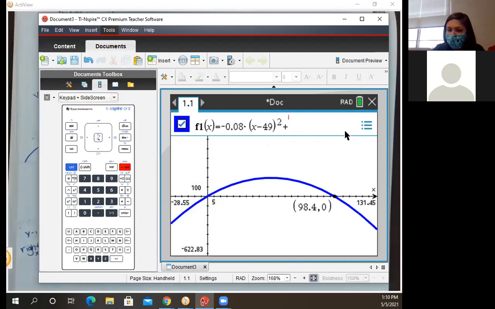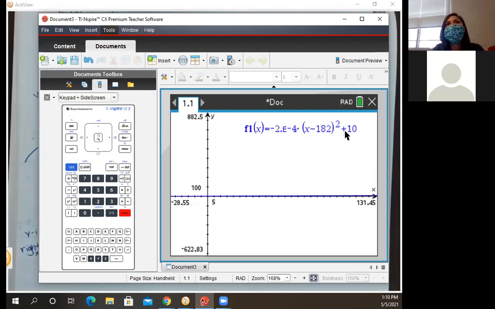So I'm going to change that y coordinate to 10. I'm going to change that x coordinate to 182. And I'm going to change this to 0.0002. So now this is that second equation. I'm going to hit enter and my graph adjusts. Notice it looks really flat this time.